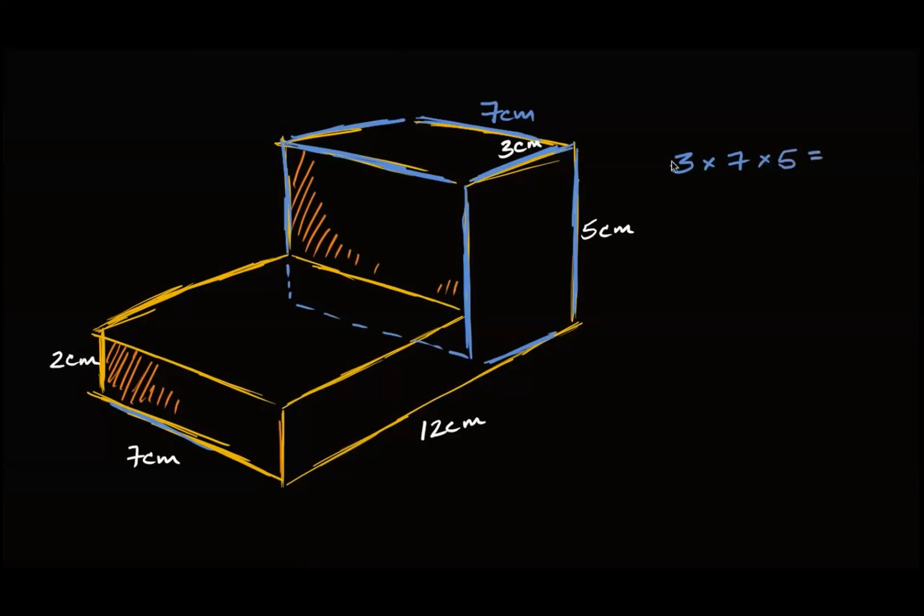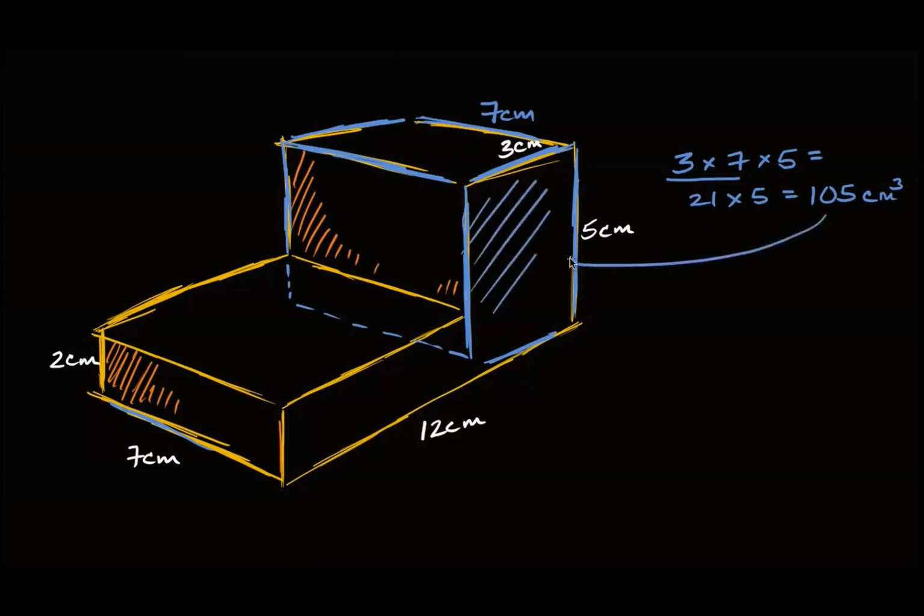Let's see, 3 times 7 is 21, times 5 is equal to, 20 times 5 is 100, 1 times 5 is 5, so it's going to be 105. And we could say 105 cubic centimeters, because you have centimeters times centimeters times centimeters. So this blue rectangular prism has a volume of 105 cubic centimeters.